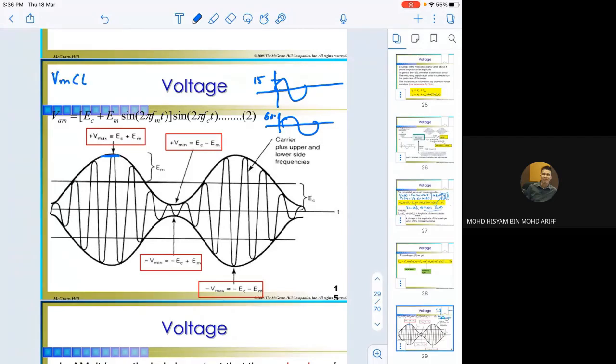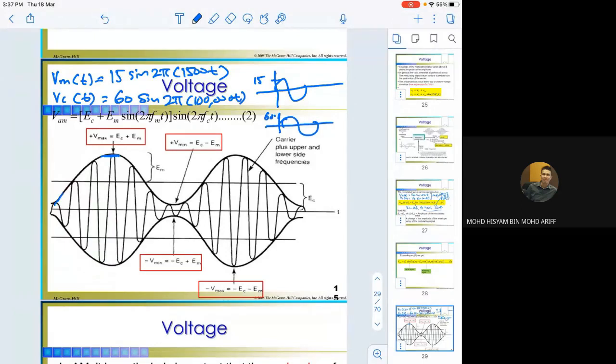Okay, the VMT, I repeat again, last time I gave you this problem: VMT equals 15 sine 2 pi 1500t, VCT equals 60 sine 2 pi 100,000 t.